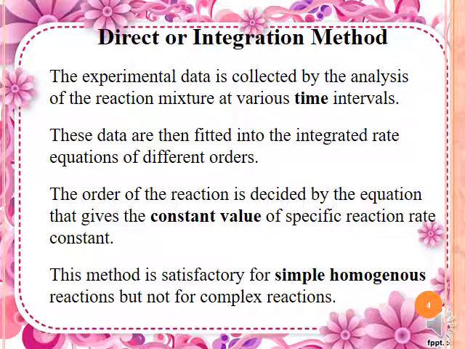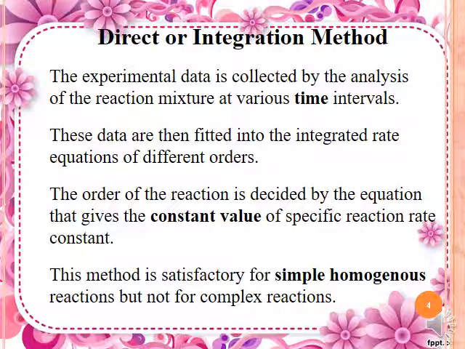Now let us move to the first method to determine order of reaction, which is the direct or integration method. The experimental data is collected by analysis of the reaction mixture at various time intervals, and then this data will be fitted into the integrated rate equations of different orders.